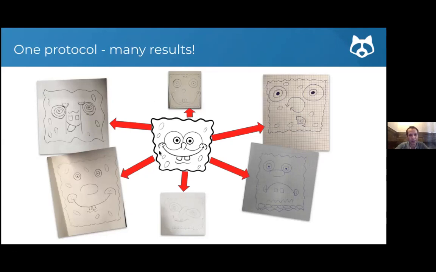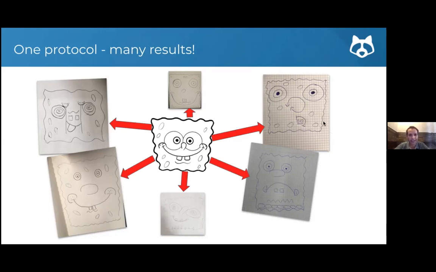The mouth itself, half the time it's in the right direction, half the time it's a very sad frown instead of a smile. So as you see what happens when people follow the protocol, you get a very clear picture of how to improve the instructions.